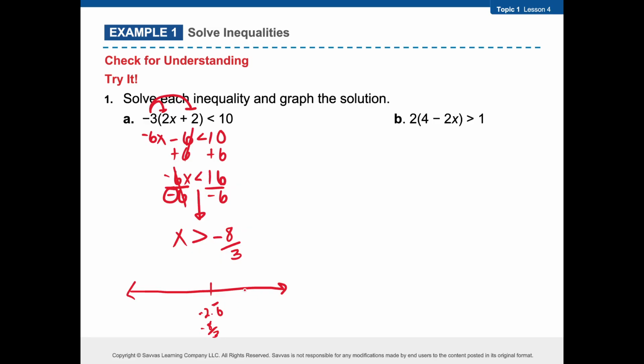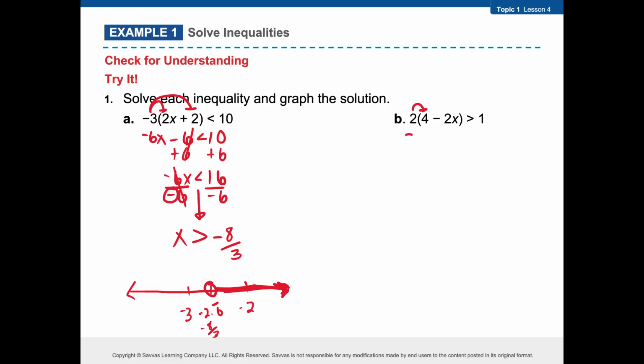So that makes it between -2 and -3. It's an open circle because negative 8/3 is not included in your answer, and all numbers greater, towards the positive numbers, associated towards your right side.